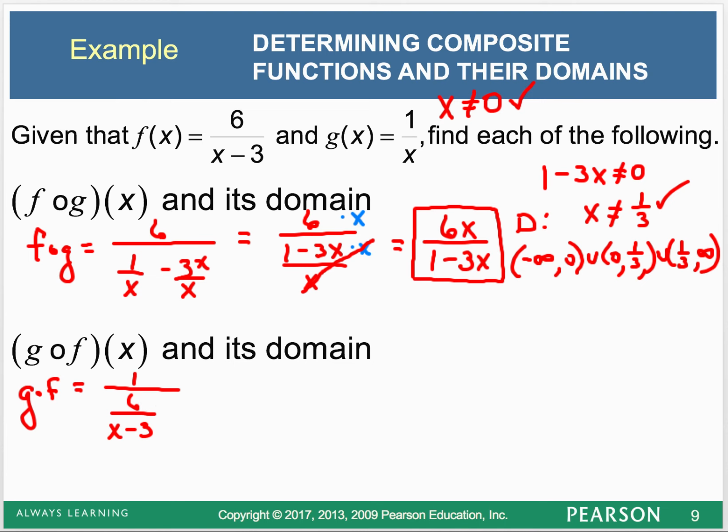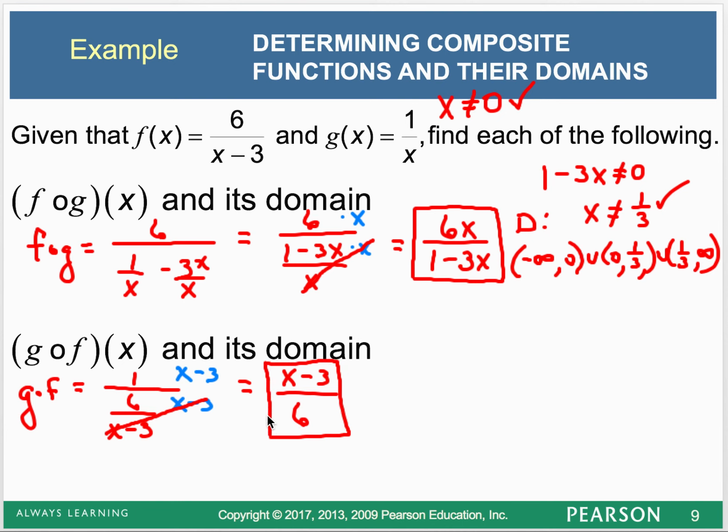Can't have that. So it's just like right here, I can multiply by whatever this denominator is, as long as I do the same thing to the top and the bottom, so that this can be eliminated, and I'm only left with x minus 3 over 6.